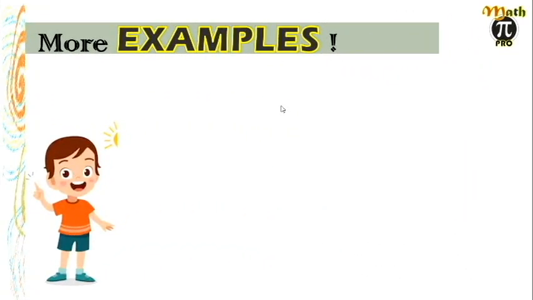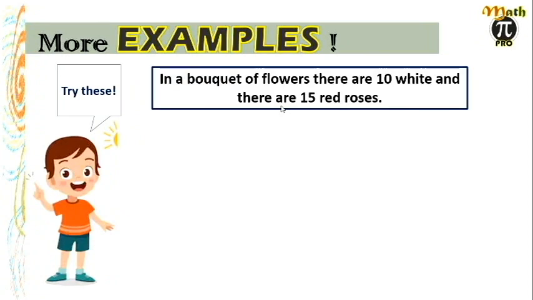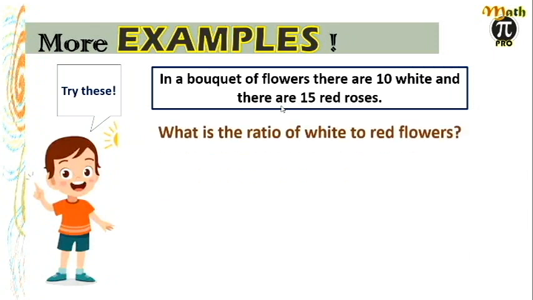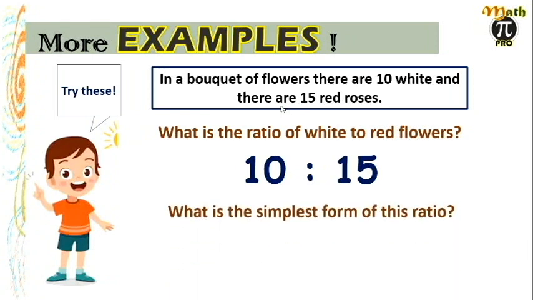Let us have more examples. In a bouquet of flowers, there are 10 white and 15 red roses. What is the ratio of white to red flowers? You're right. The answer is 10 is to 15. What is the simplest form of this ratio?